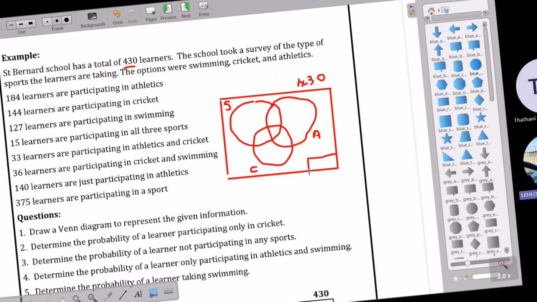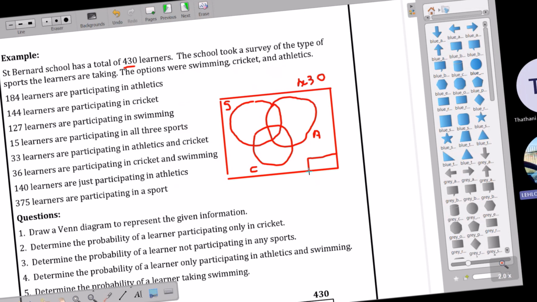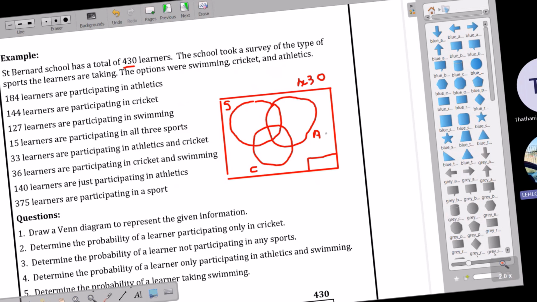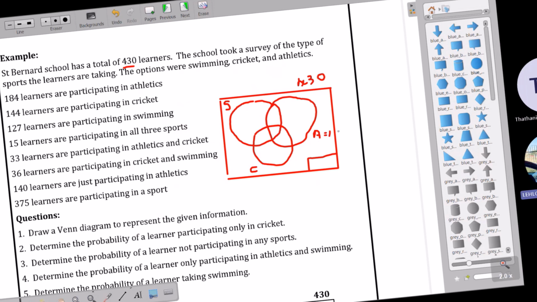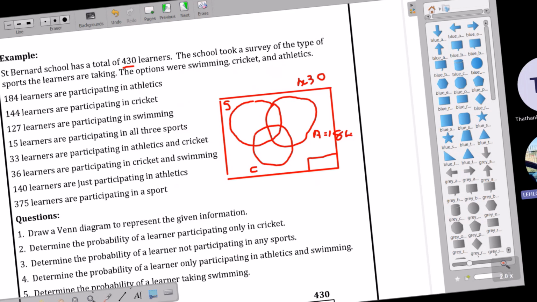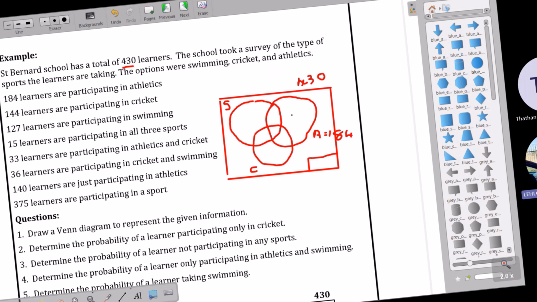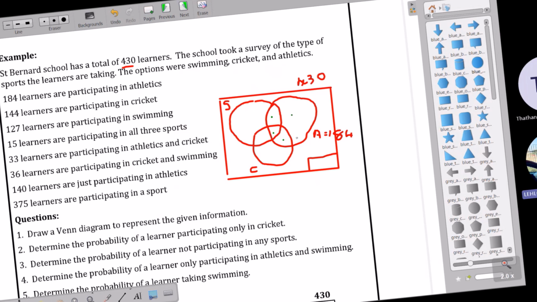Then let's figure out. In total, there are 184 learners participating in athletics. So athletics has a total of 184. What does it tell me and you? It tells us that this section plus this section plus this section plus this section equals 184.